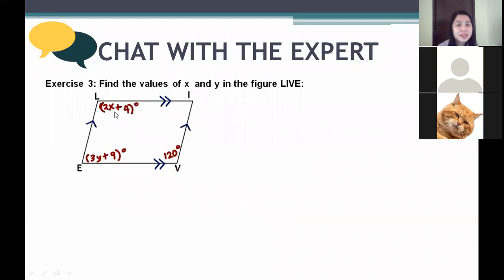What's the relationship between angle L and angle V? Janine, what's the relationship between angle L and angle V? How about Ali?